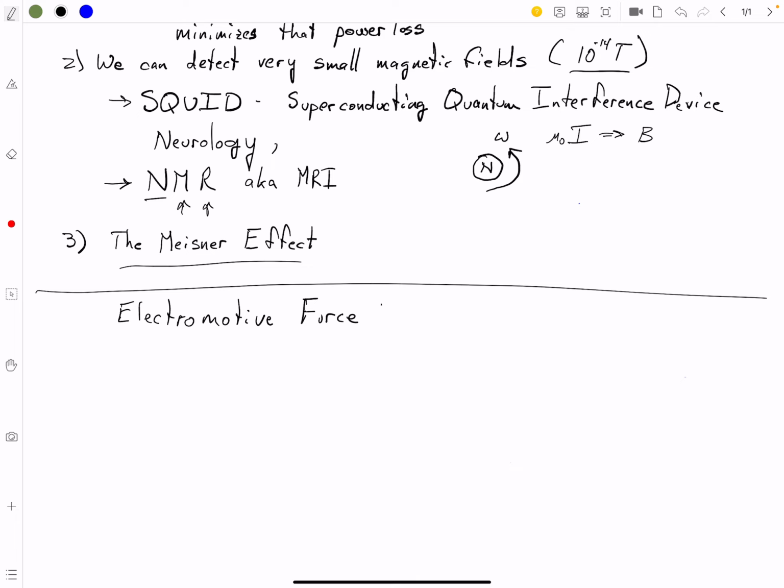The electromotive force, we do EMF, or simply just E. And those are voltages.